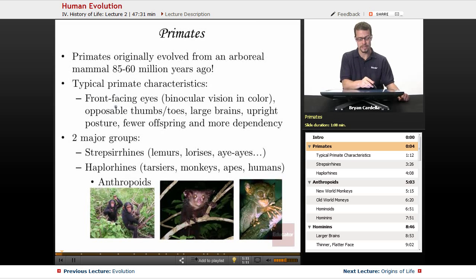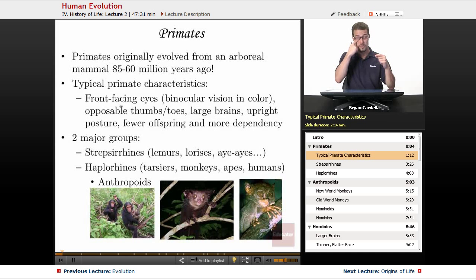Typical primate characteristics. Front-facing eyes. If you notice, mine are in the front of my face. Other animals, I'm sure you've noticed, sometimes have eyes on the side of their head, like a bird. And a bird will move its head from side to side so it can get a good view of everything around it. The fact that we don't have eyes on the side of our head, that they're in front of our head, gives binocular vision.